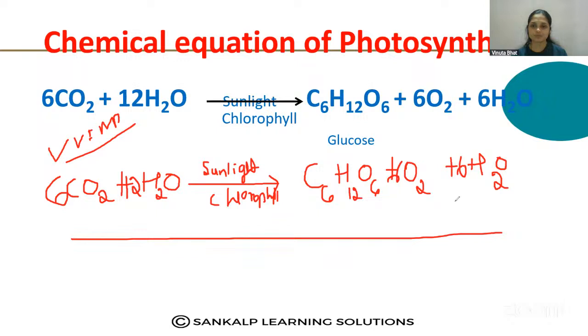Then if you compare the carbon, hydrogen and oxygen, the number is the same on the left side of the reaction, that is before the arrow mark, and after the arrow mark. Okay, so this is the balanced chemical equation of the photosynthesis.